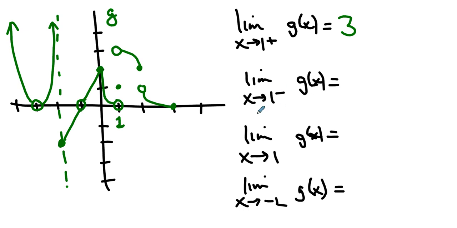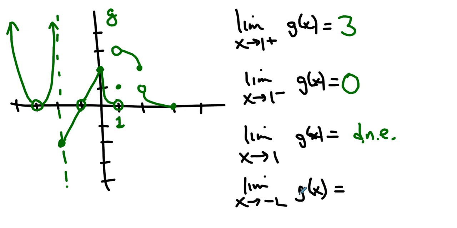But the limit as x approaches 1 from the left, that's this branch, because this branch brings us closer and closer to 1 from the left-hand side. And those y values are getting closer and closer to 0, which means that the limit of g of x as x approaches 1 does not exist. And it does not exist because the limit from the right and the limit from the left don't agree.